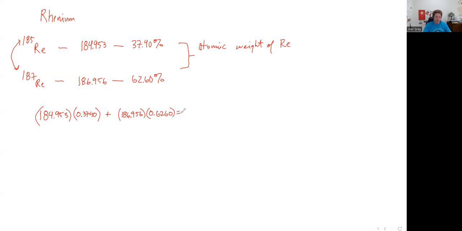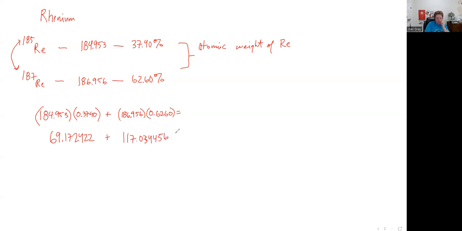Now I'm going to use my calculator on my computer here. 184.953 times 0.3740 is 69.172422. Add to that 186.956 times 0.6260, and that is 117.034456.